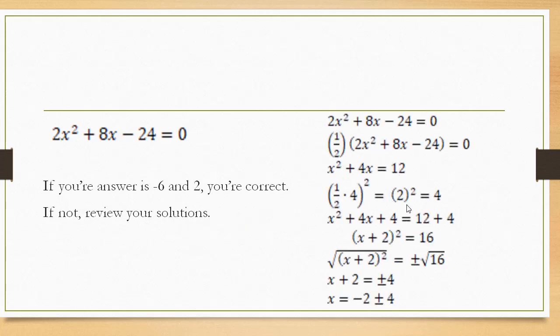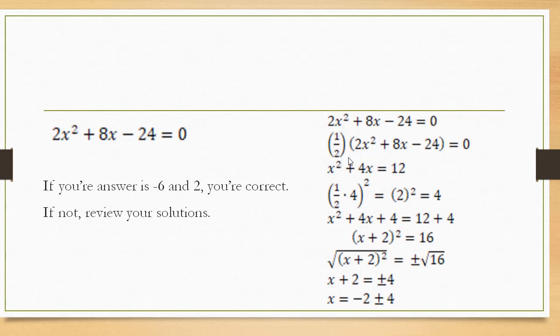So, let's bring our solution for that quadratic equation. 2x squared plus 8x minus 24 is equal to 0. First step, multiply the equation by the reciprocal of the coefficient of the quadratic term, which is 1/2.